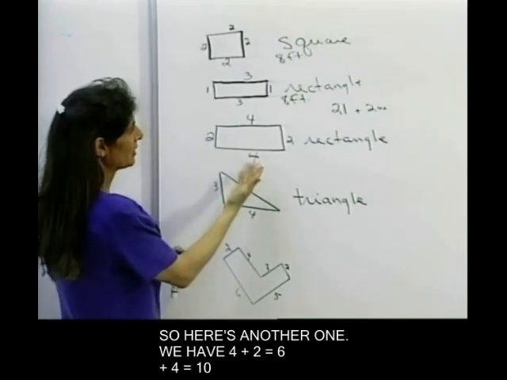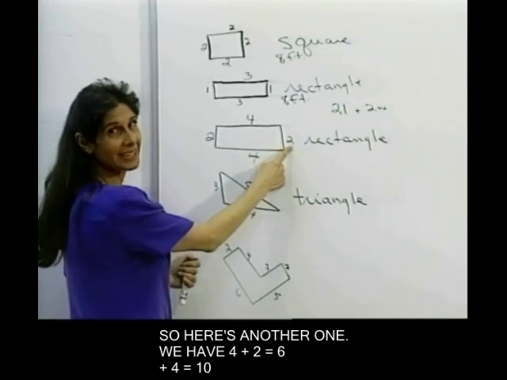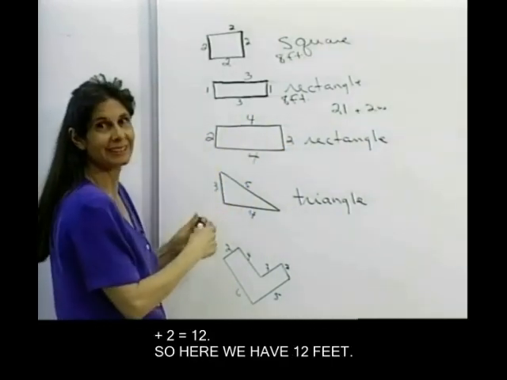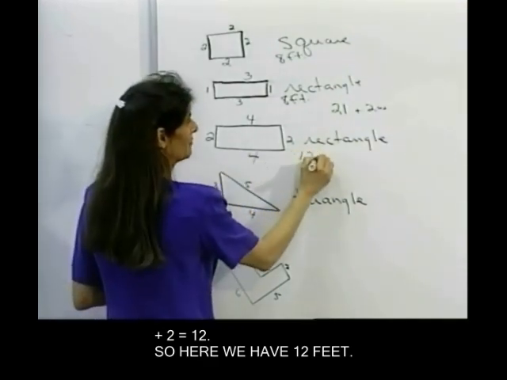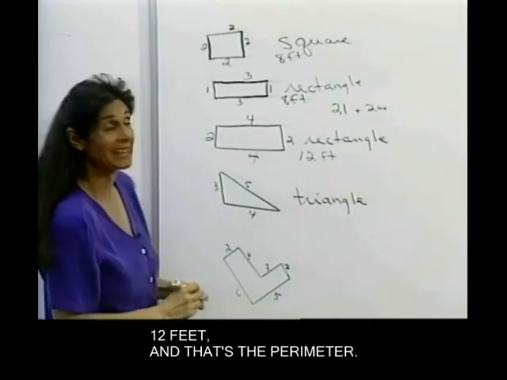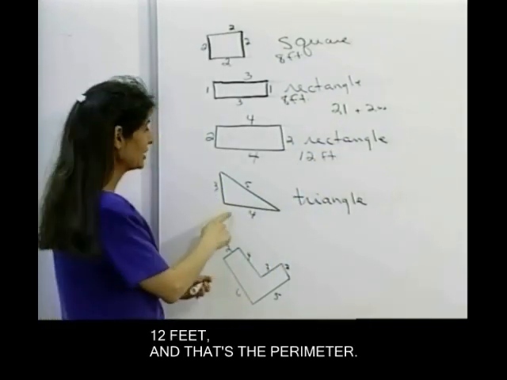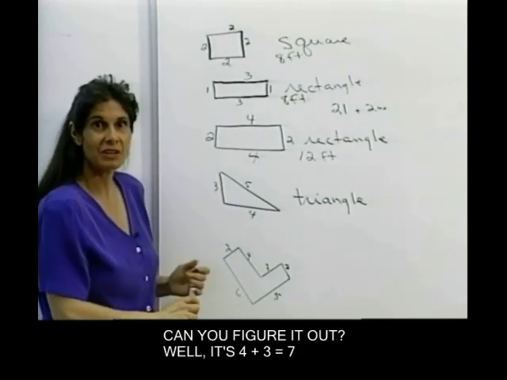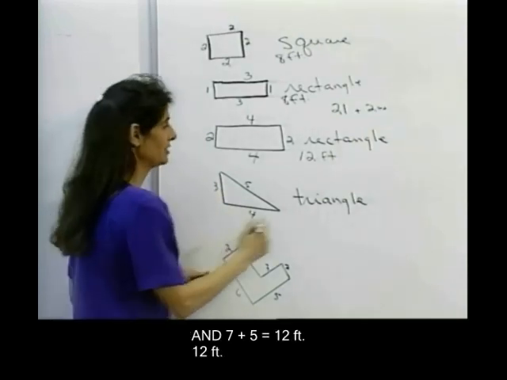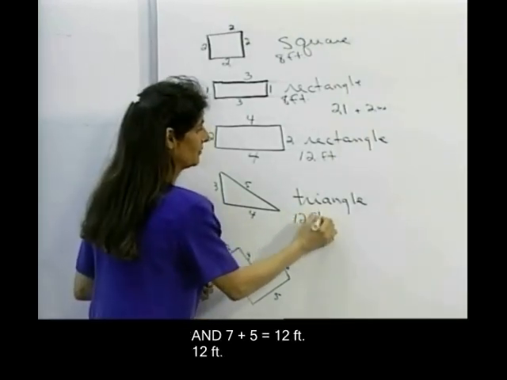So here's another one. We have 4 plus 2 is 6, plus 4 is 10, plus 2 is 12. So here we have 12 feet. And that's the perimeter. Let's take a look at the perimeter of this triangle. Can you figure it out? Well, it's 4 and 3 is 7, and 7 and 5 is 12 feet.